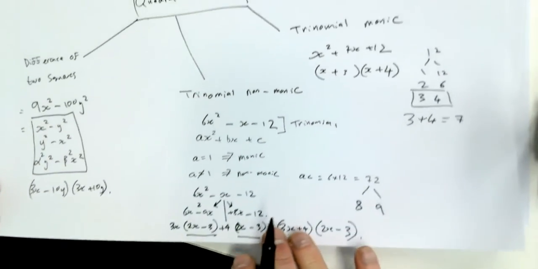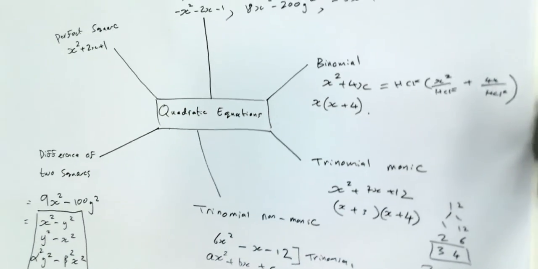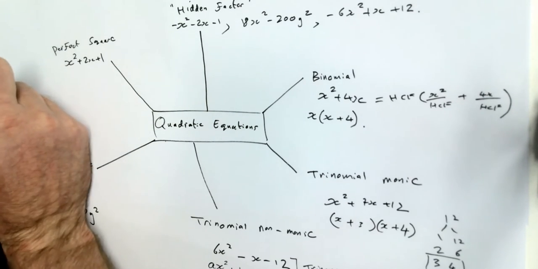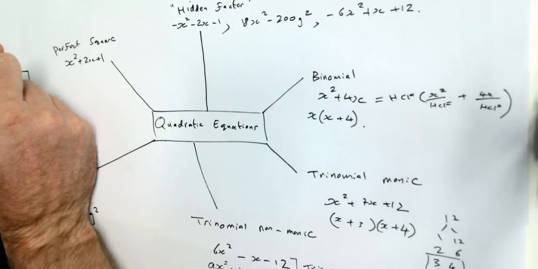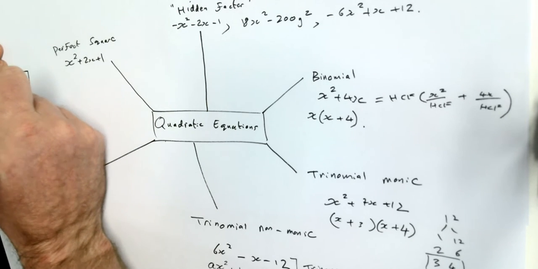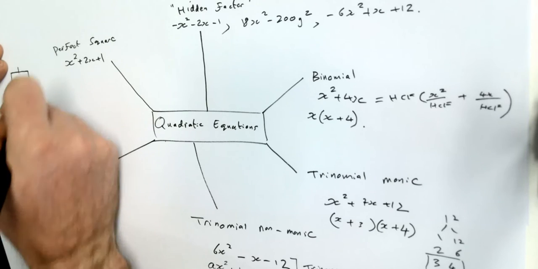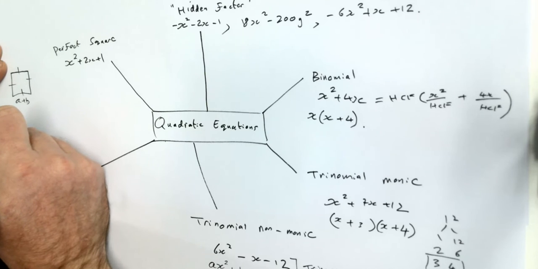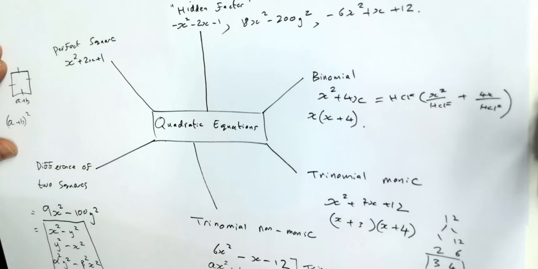Okay, so let's move on to our perfect square. Perfect squares are analogous to, we have a square there, all sides are equal, so the area of this square is going to be, and that's what we mean by a perfect square.